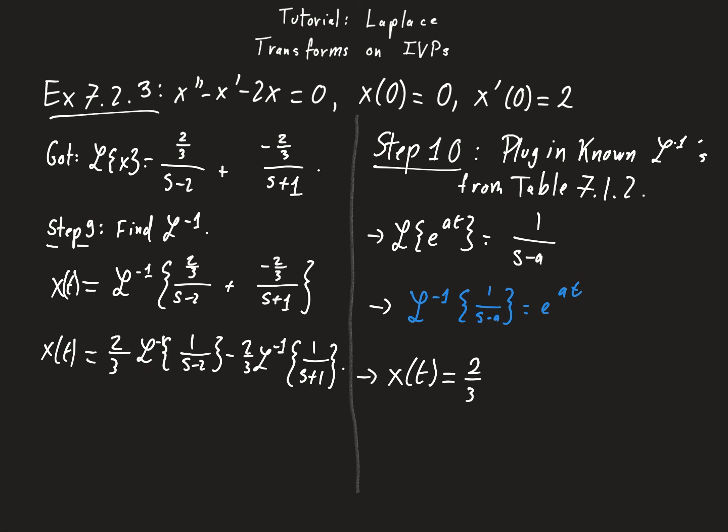Now the inverse transform of 1 over s minus 2, in that case we'll see that a has to be 2. So this will be 2/3 of e to the 2t minus 2/3 of e when you have s plus 1 in the denominator. That means that a is -1, so this will be e to the negative t. And we are all done.